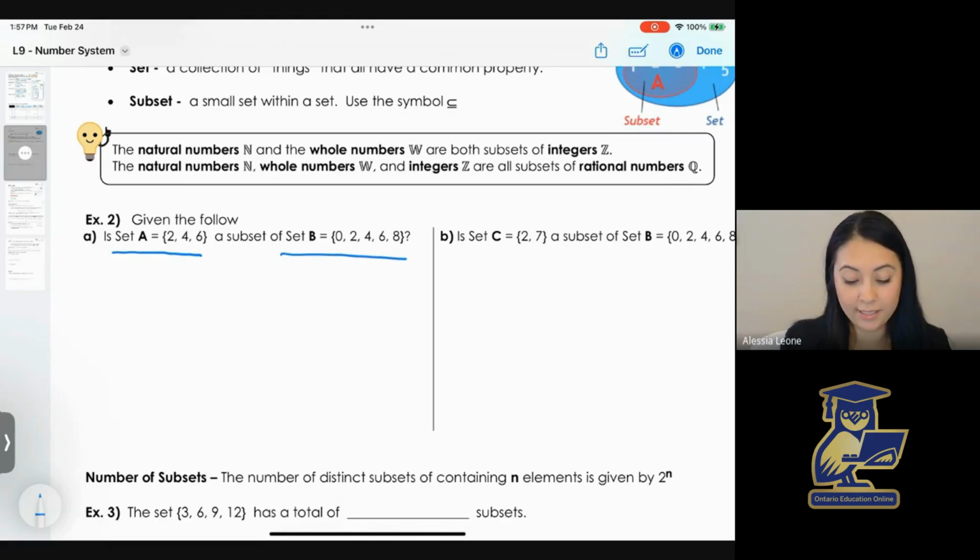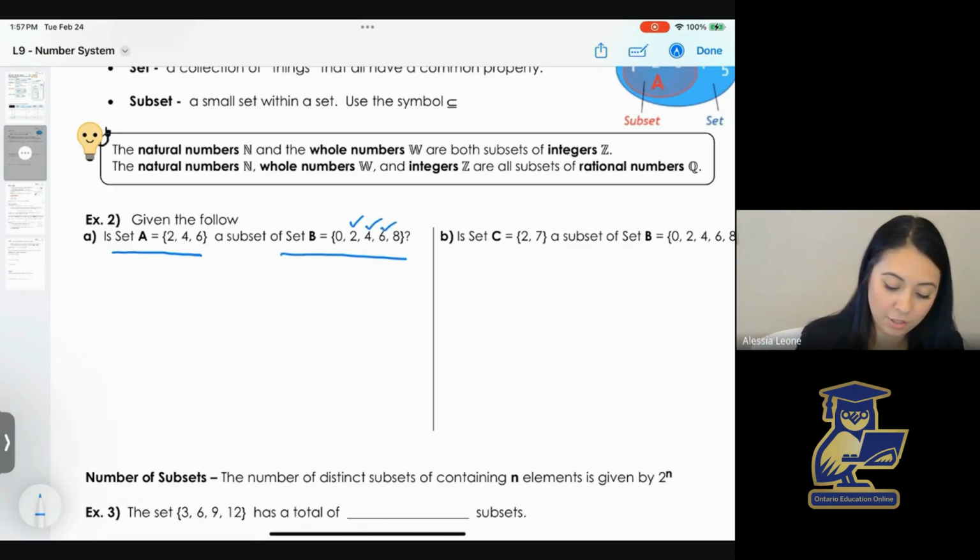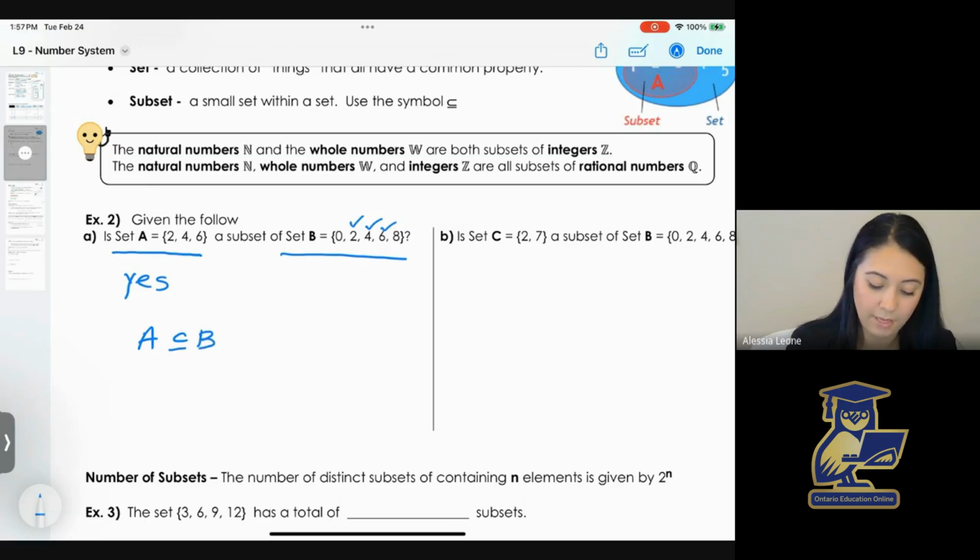Can we find this set of numbers in these numbers? Is 2 there? Yep. Is 4 there? Yep. And is 6 there? Yep. So the answer is yes. A is a subset of B.